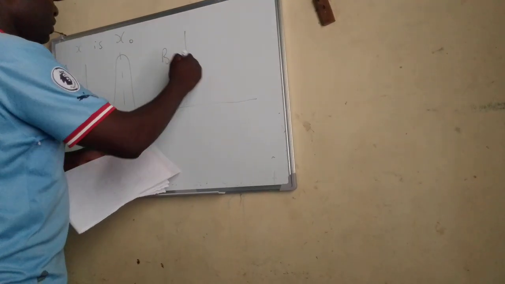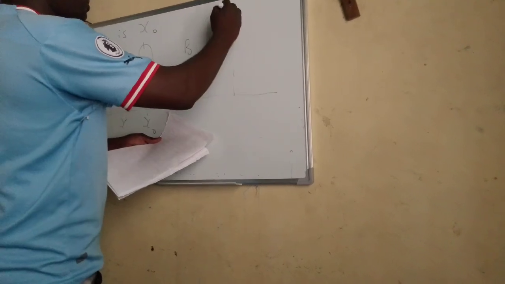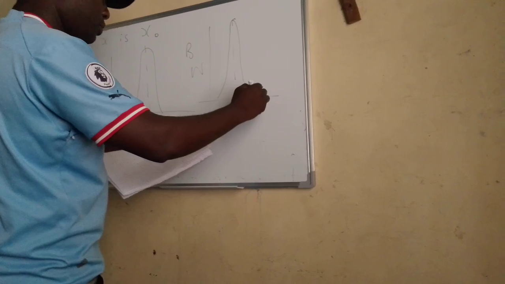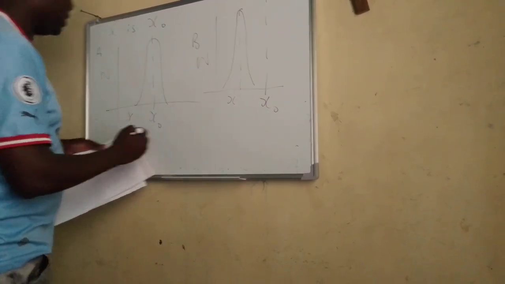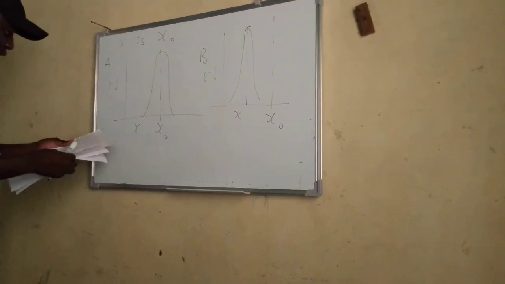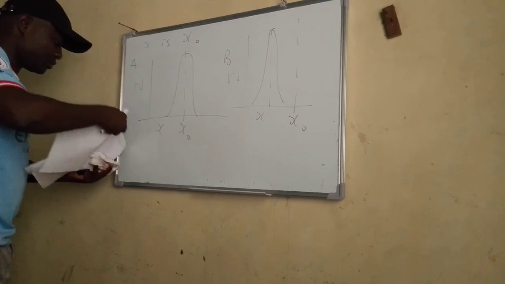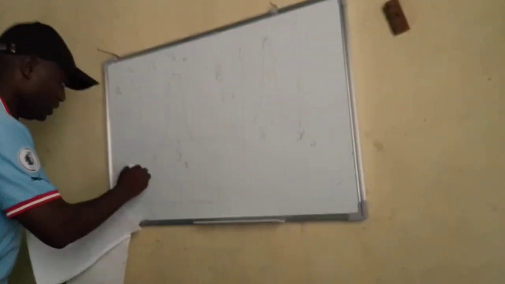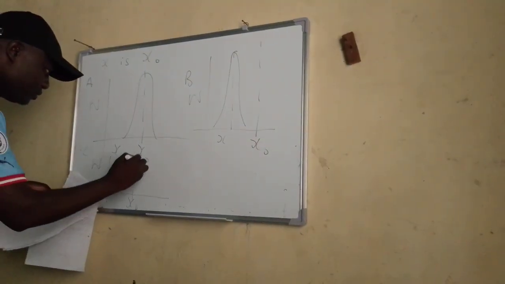So option B, this is the true value, x naught, for example. Then option C, this is the true value.